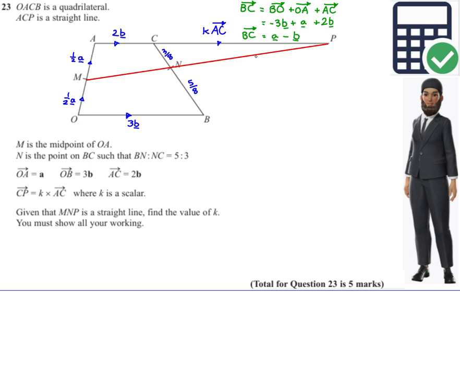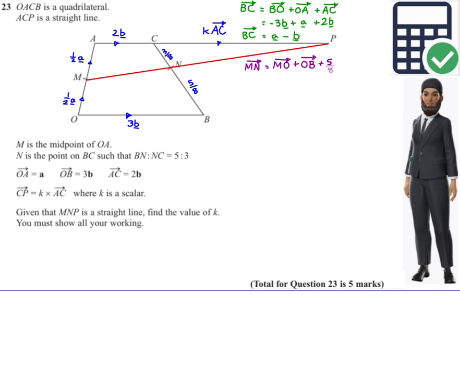So let's move on then. And now try to establish what MN is. So let's go back. Let's try to establish what is MN. So let's fill that in. MN is equal to, let's go MO plus OB plus, well, what we actually want is 5/8 of BC.